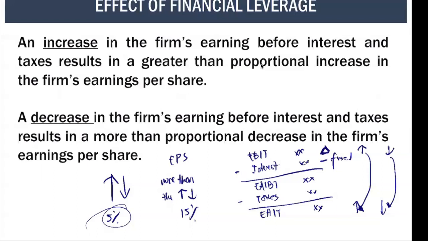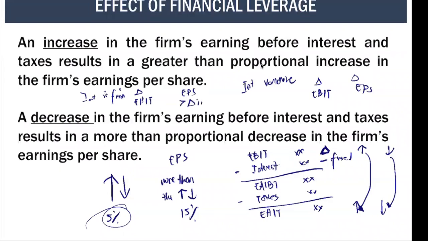If the interest were variable, meaning it goes together with your EBIT, then whatever the change in the EBIT, that would also be the change in your EPS. However, since the interest is fixed, the effect on the EPS is more than the change in EBIT.